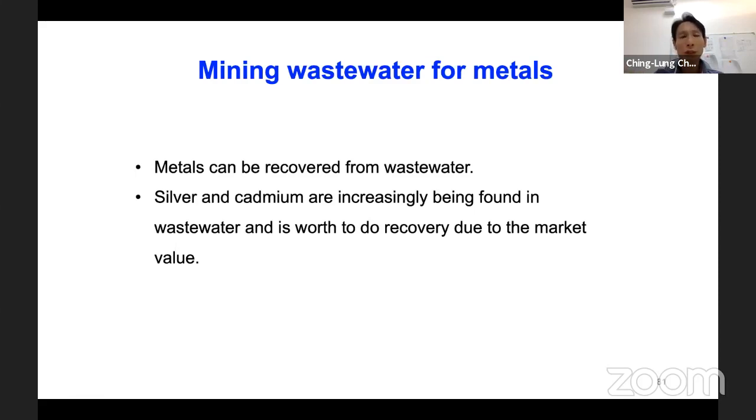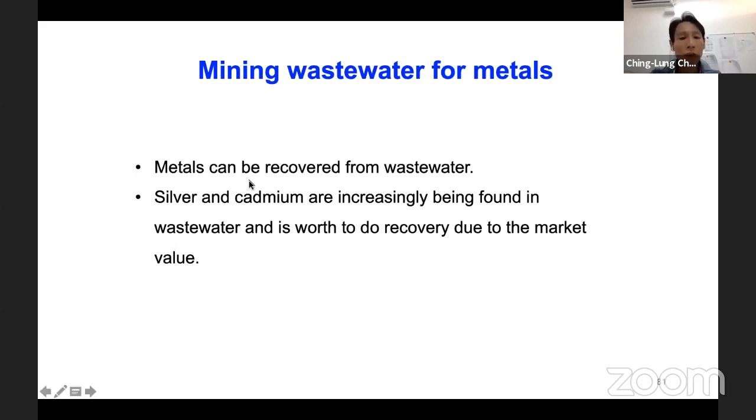So right now we try not to remove it, we try to separate the metal from the water, collect the metal, then purify it and sell it in the market.